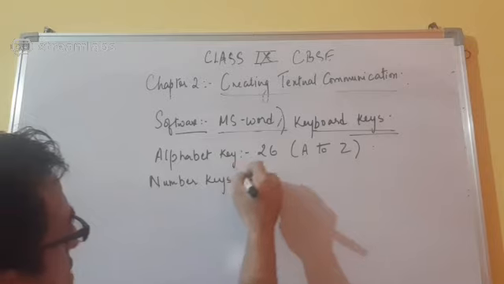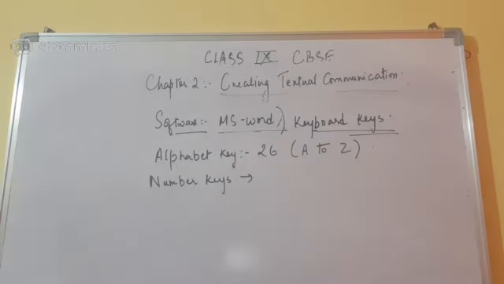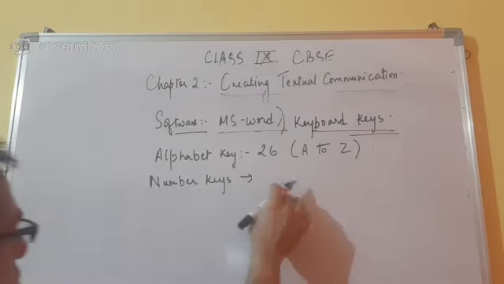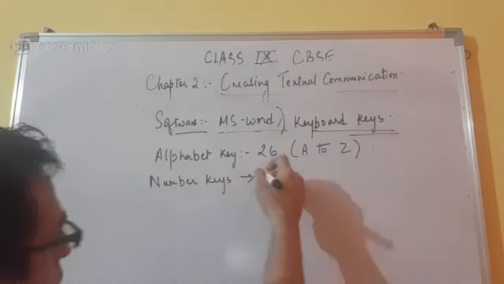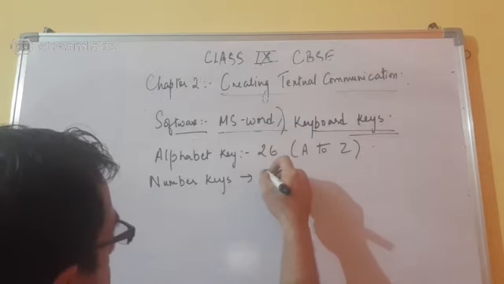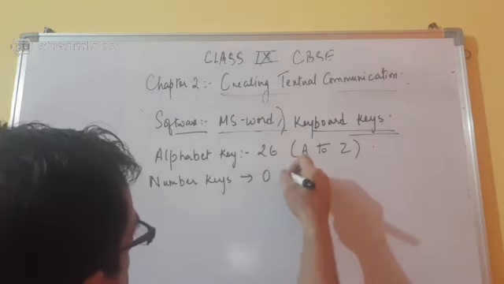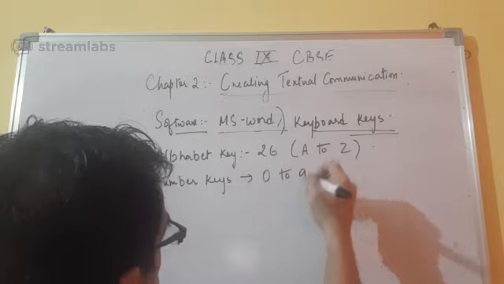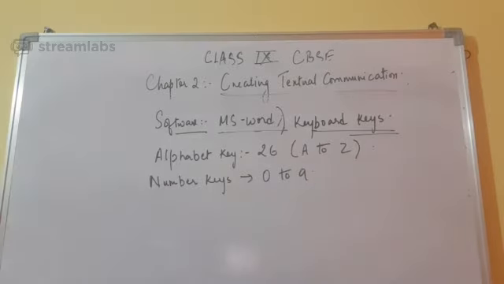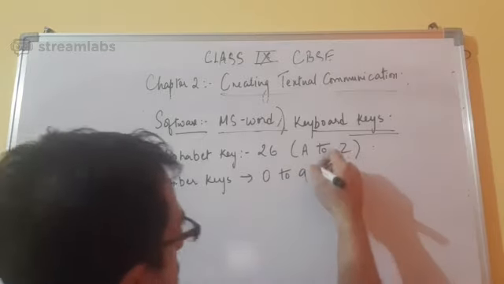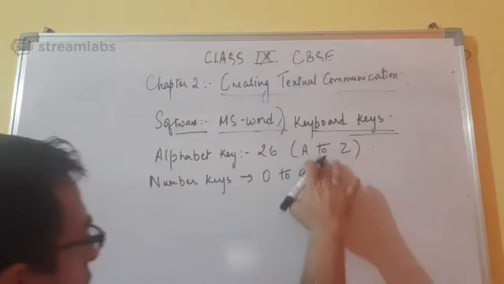The number keys exist twice: on the right side of the keyboard, and at your topmost level. The number keys start from 0 to 9, because all the combinations of numbers will be a combination of these digits only. So they occur twice.